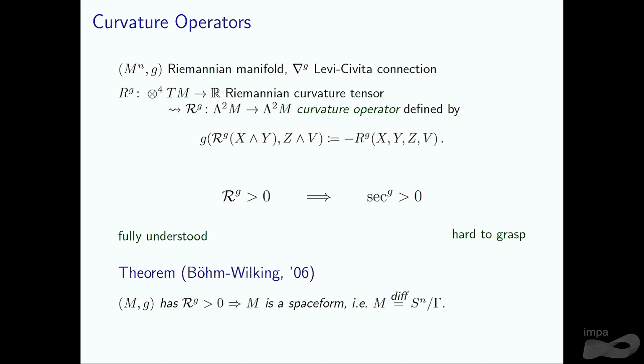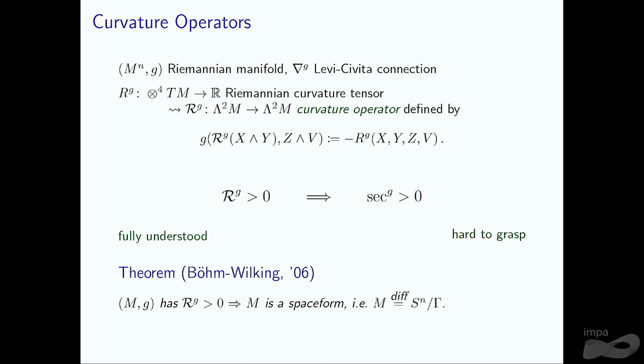Okay. And there are 2 things you can ask when the symmetric operator on 2-forms is a positive operator, right? And there's another notion which we are familiar with of positive curvature, namely positive sectional curvature. And we know that positive curvature operator implies positive sectional curvature.